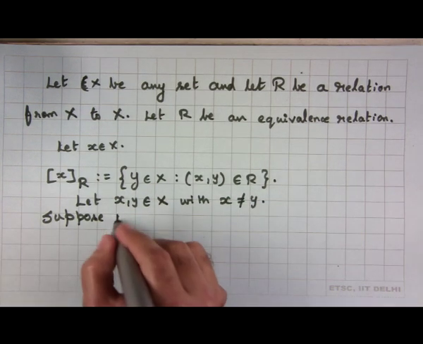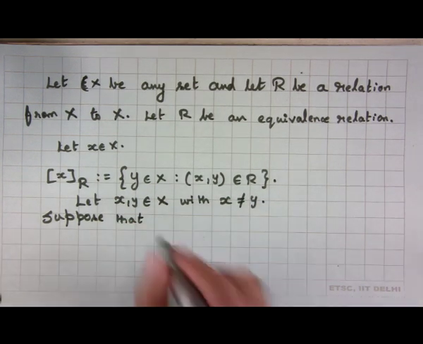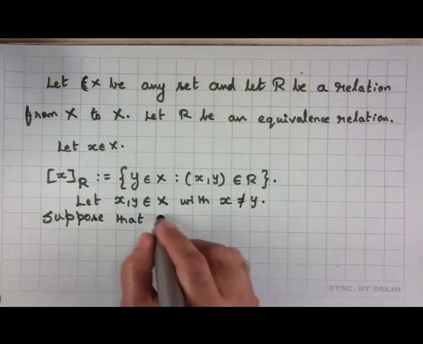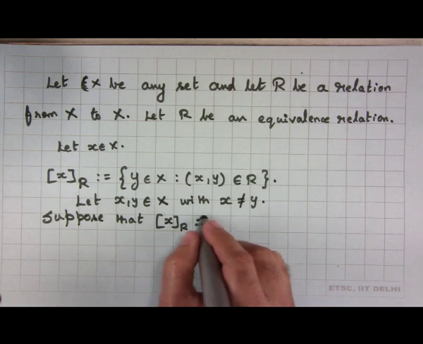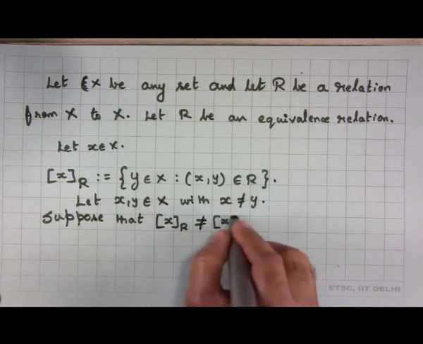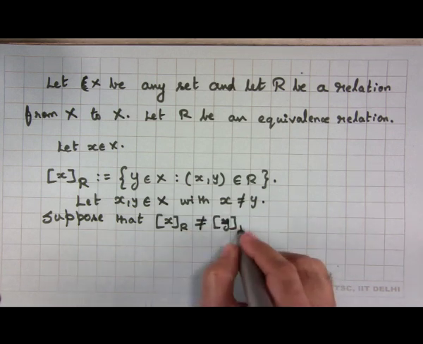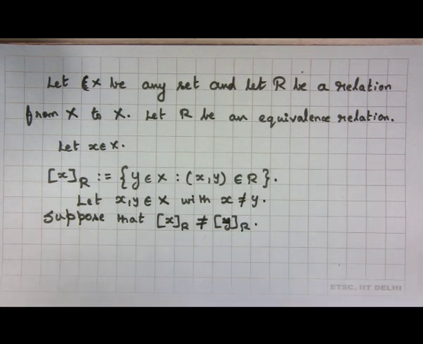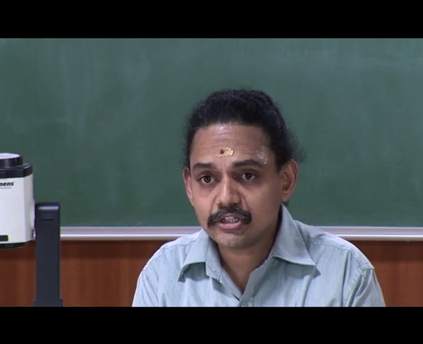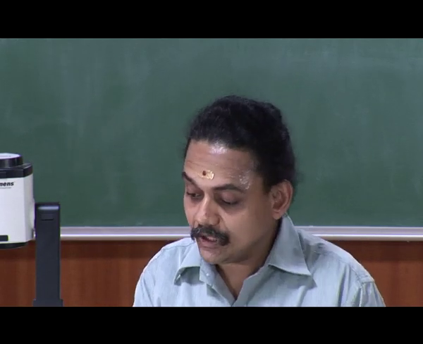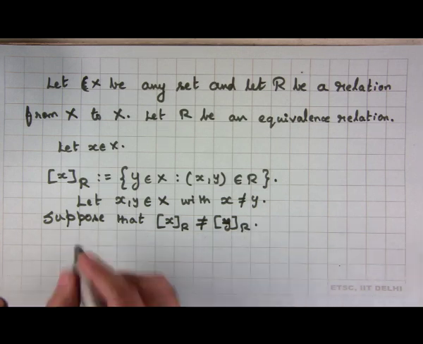Now, suppose that box x with respect to R is not equal to box y with respect to R. We will have to prove that box x R intersection with box y R is empty.